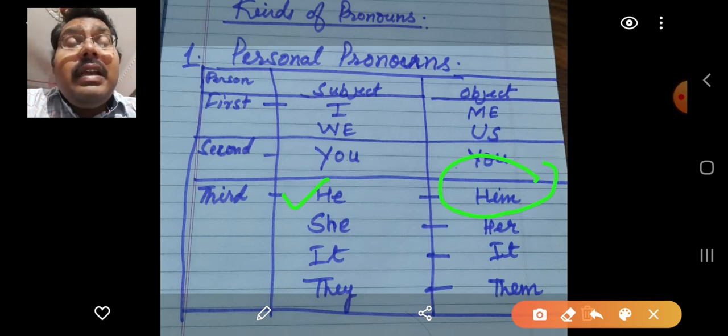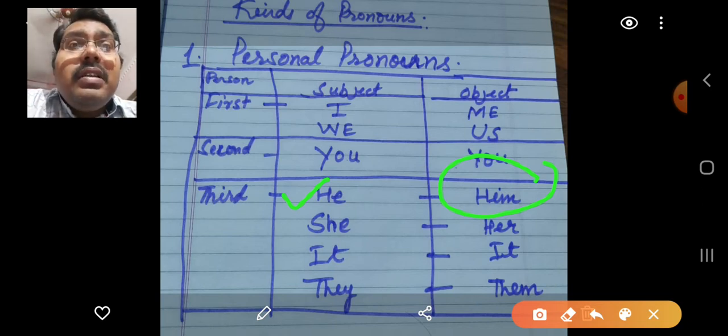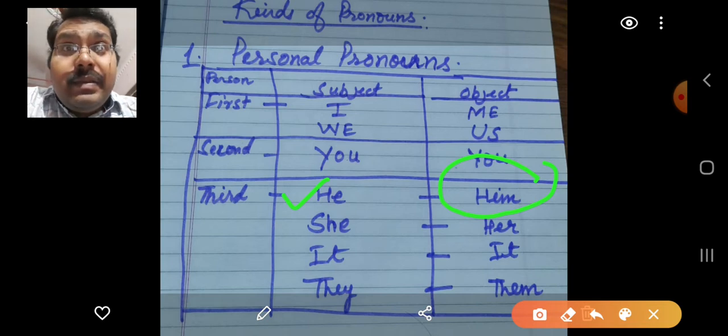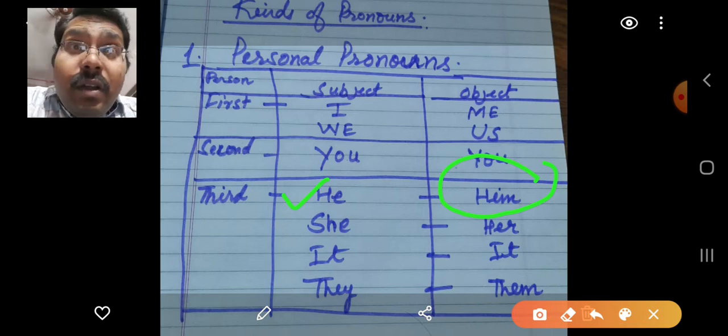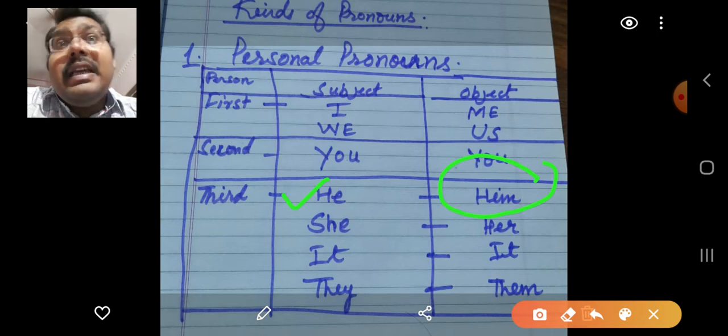Do you understand that? So we must be very careful. We know the things, but the use is a bit different. So when in the sentences you are going to replace a noun with a pronoun, you need to first of all see which case this noun is in, in this particular sentence.